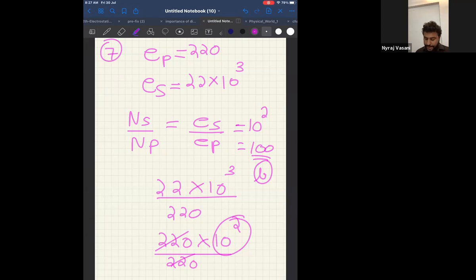Question number 8, the ratio of the secondary to the primary turns in a transformer is 3:2. If the power output is capital P, then what will be the input power neglecting all the losses? Neglecting all the losses means it is an ideal transformer. There is no loss, that means it's an ideal transformer. And you know, for an ideal transformer, input power is equal to output power.